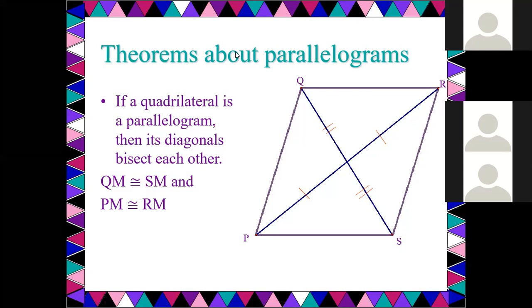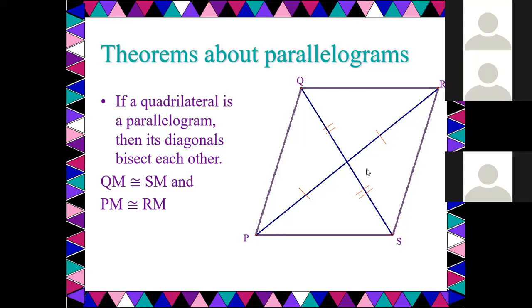How about Vin Samuel? Kung si PM ay 7, ano si RM? 17 po. Very good. Thank you. So sabi natin, binabisect nila yung isa't isa. So nakaka-form sila parehas na hinahati nila yung isa't isa to equal parts.